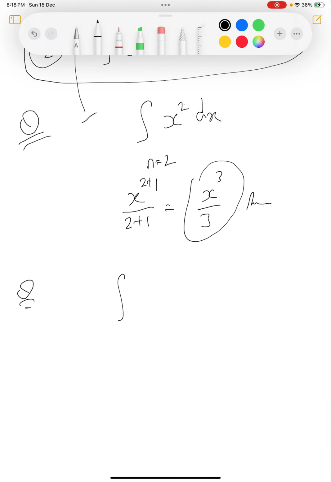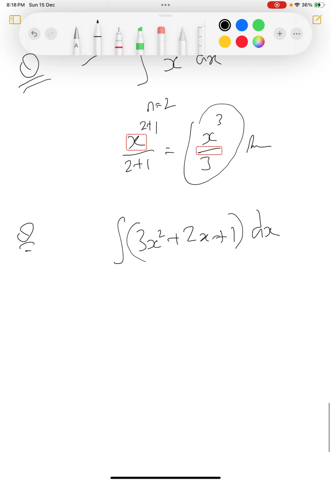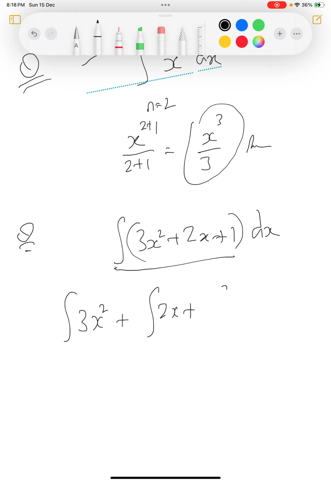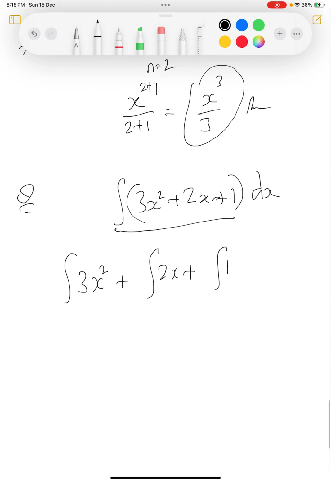Now let's go to another question. Like if I want to find the integral of 3x square plus 2x plus 1 dx. Like differentiation, we can distribute this integration over the summation. So we can write it like this: 3x square plus integration of 2x plus 1. Now integration of 3x square, 3x, wait, let me solve again. So this is the scalar part.